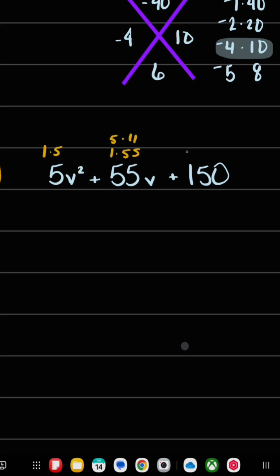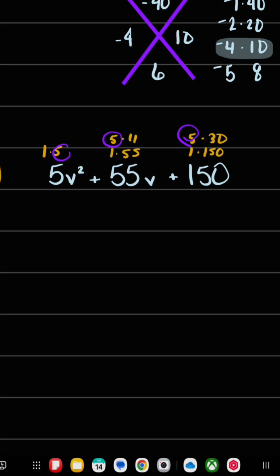Done. 150 is 1 times 150. 5 goes into 150 30 times. So 5 times 30. See there? Done. The largest number you see in all three coefficients is 5. There's nothing else left in common. So we don't have any v's in common.